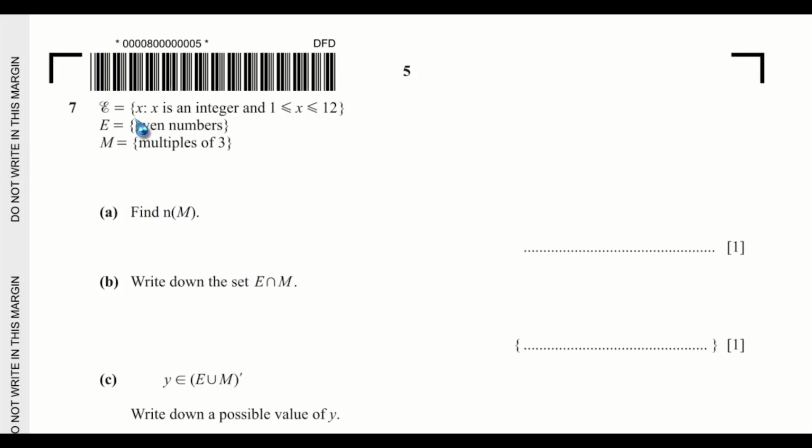We are given the universal set, okay, which is x, such that x is an integer and 1 is less than or equal to x, where x is less than or equal to 12. Okay, set E is a set of even numbers, while set M is a set of multiples of 3. So we need to write this. So set E will be equal to 2, 4, 6, 8, 10, and 12.